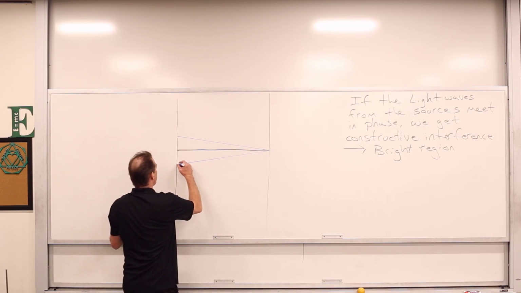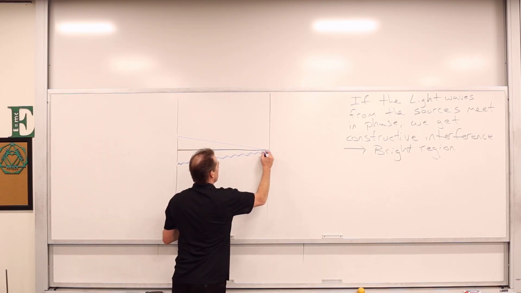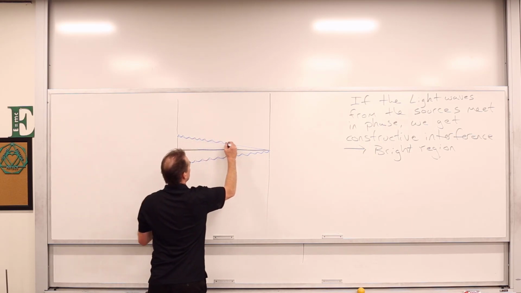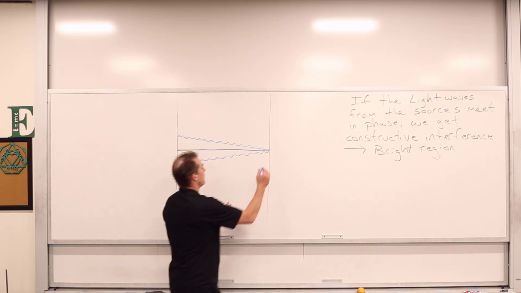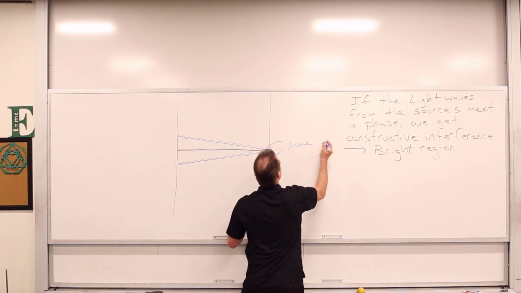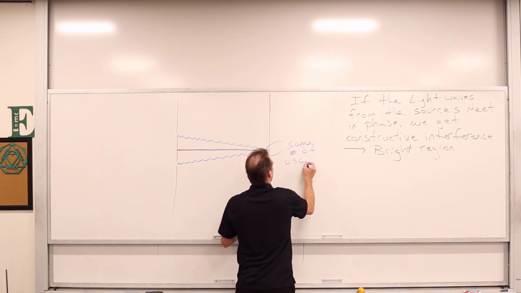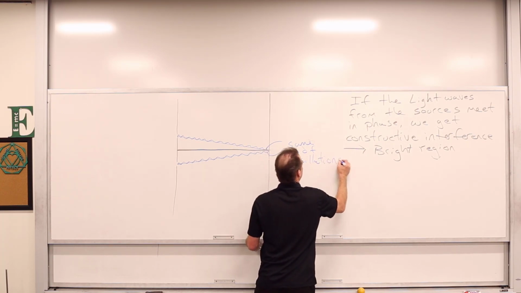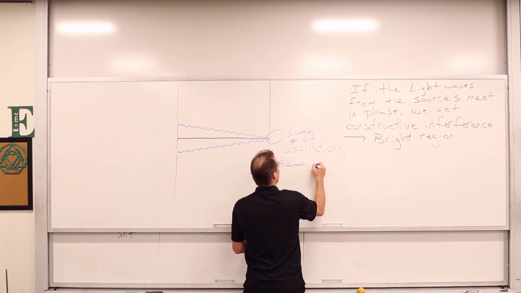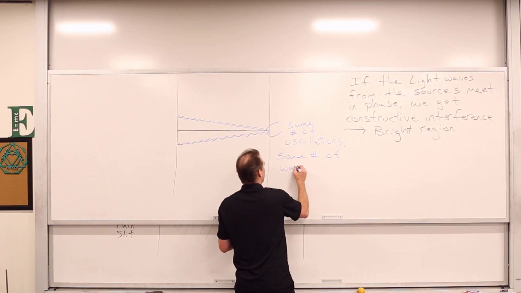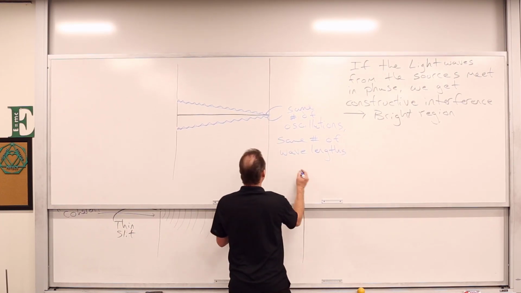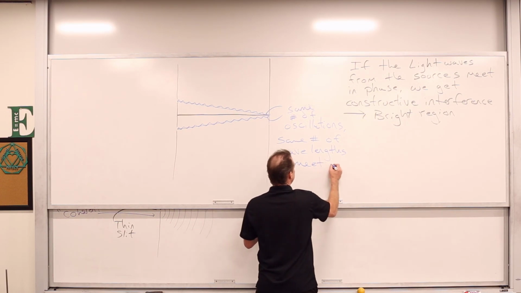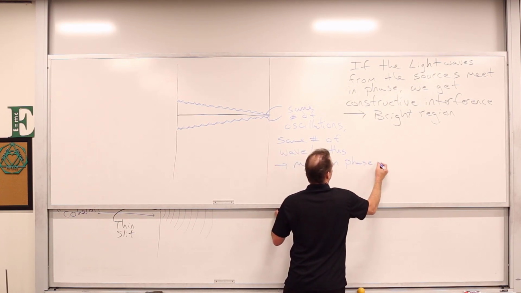That means the number of oscillations is the same, which means the same number of wavelengths, which means then that they meet in phase.